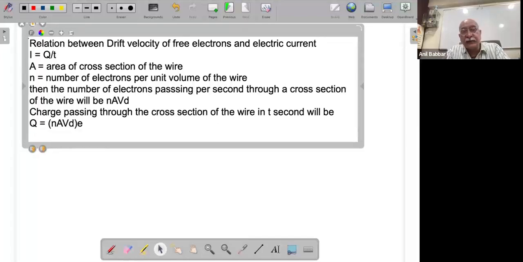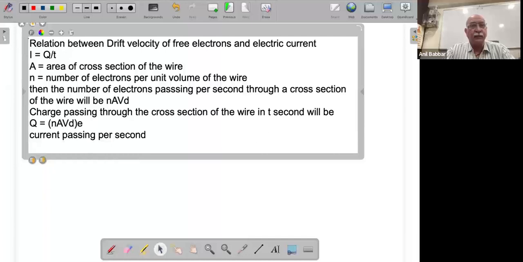So current I is equal to Q by T. So we have this NEA VD t charge, Q by T, and current passing per second I may write as current I is equal to N times E into A into V into D, or you can remember it as NEVA, right?